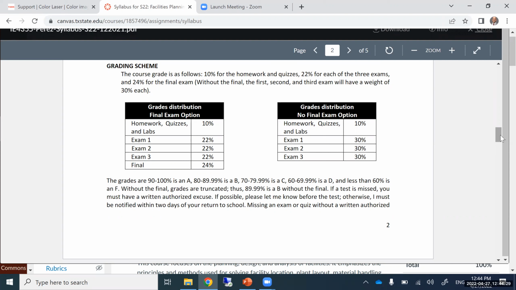If your grade is close to the next grade, I will encourage you to consider taking the final. For example, if you got a 77 and you want to get into the B, that will be a good strategy for you. If you have 71 and you want to get to a B, that will be impossible, and you can do the math.